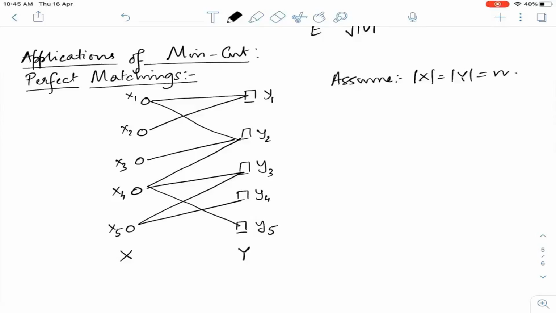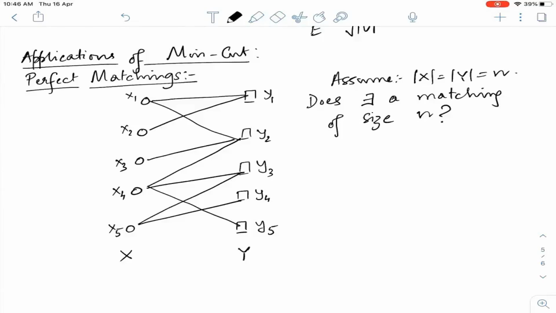Now the question is, does there exist a matching of size n, which essentially means, does there exist a matching that matches every vertex in the graph? So when I look at the edge set, every vertex appears as an endpoint of some edge. That's a perfect matching.